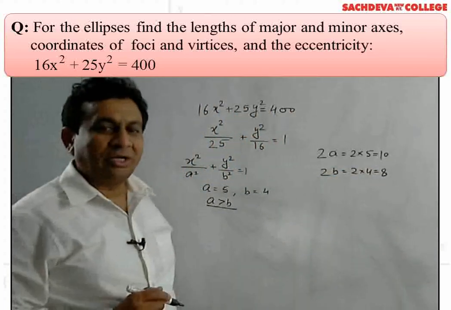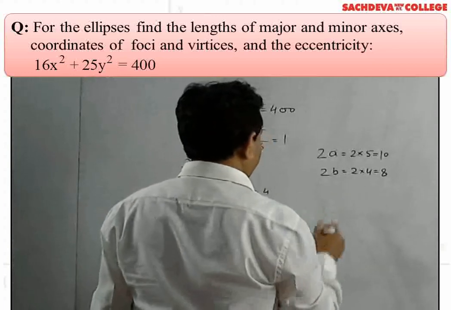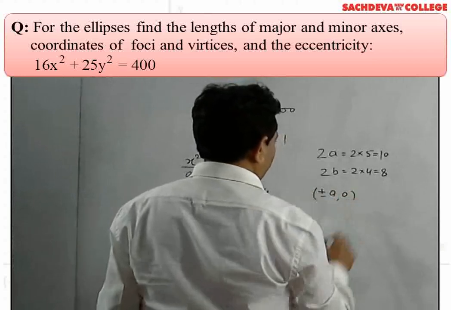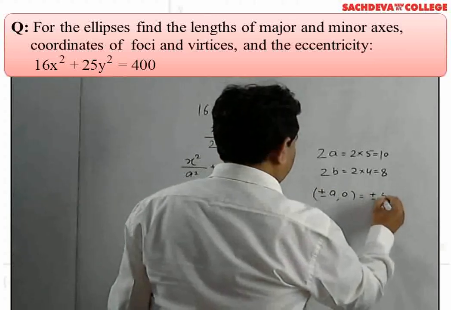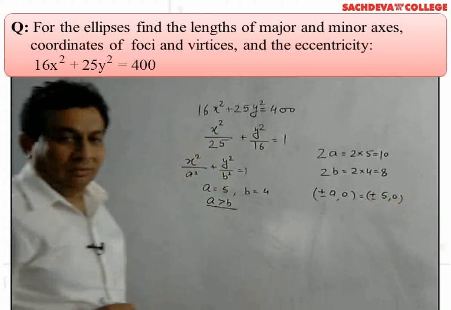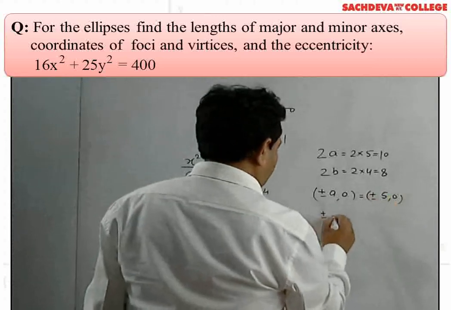Now coordinates of vertices. In this case, coordinates of vertices is plus minus a, 0. So coordinates of vertices will be plus minus 5, 0. And coordinates of focus is plus minus ae, 0.